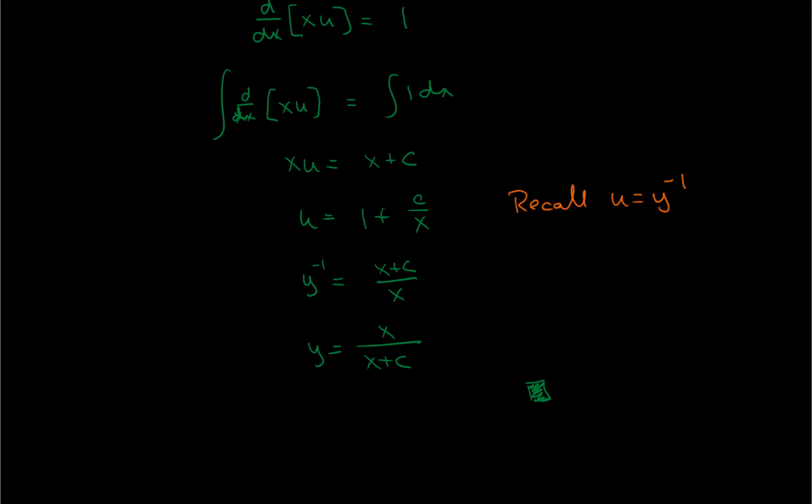Recall that earlier in the problem, we set y to the negative 1 as u. We can substitute back, replacing u with y to the negative 1. And I'm going to take my two terms on the right-hand side, get a common denominator, and this gives me x plus c over x. So I have really 1 over y equals x plus c over x. To solve for y, you just take the reciprocal of each side, and there you have it. There's the solution.